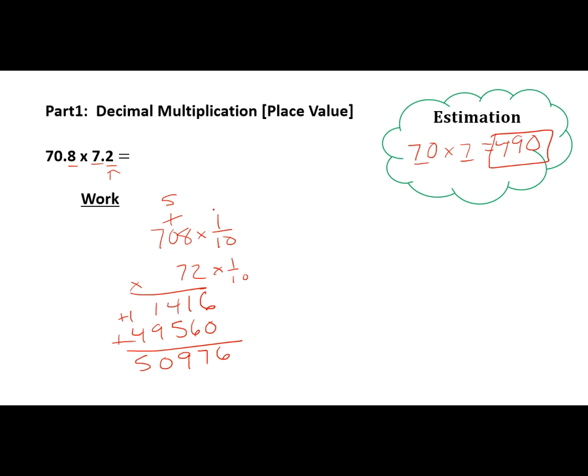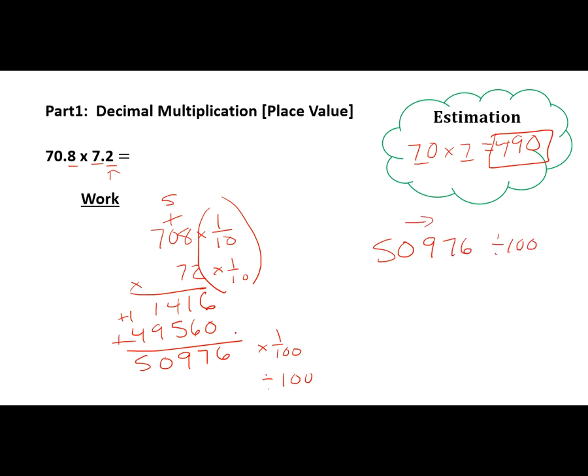50,976. But remember, we multiplied by tenths only. So 10 times a tenth equals 1/100th. So we know that throughout the year we were talking about how 1/100th is the same thing as dividing by 100. So I have 50,976 divided by 100.